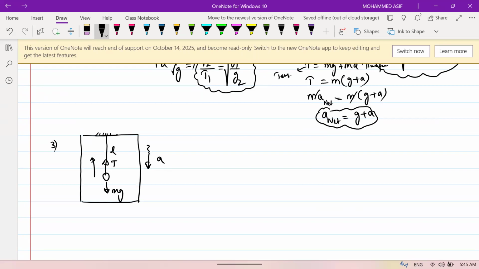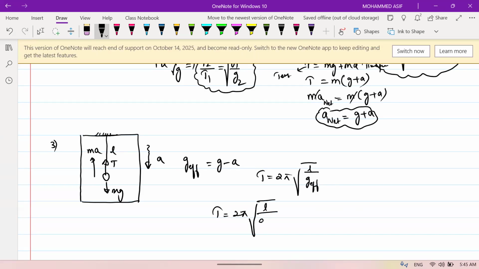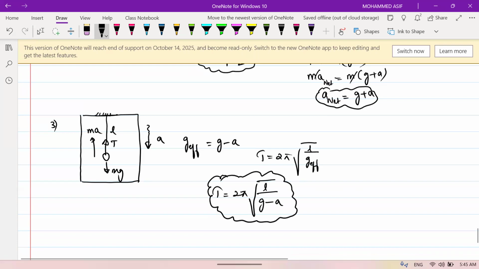Now pseudo force is in the upward direction, m into A. So in that case, G effective will be equal to G minus A. So the time period formula is T is equal to 2 pi under root of L divided by G effective. That means T is equal to 2 pi under root of L divided by (G minus A). So when it was moving up, G plus A; when it is moving down, G minus A. Am I clear?